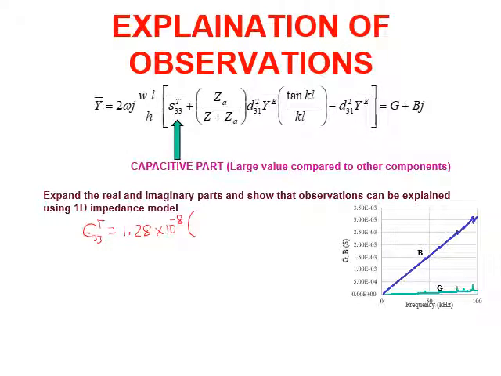The value of delta is very small, typically 0.01 or less. So this is the expression for epsilon 33 T with bar on the top. T signifies that it's measured under constant or zero stress, and the bar on top indicates that this is dynamic in nature.